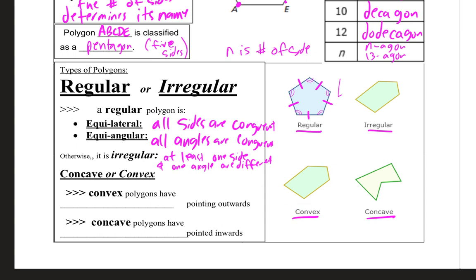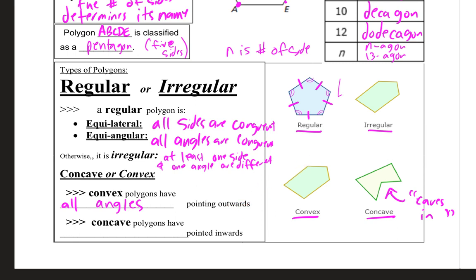Okay, the difference between convex and concave is this: concave caves in. Convex polygons have all angles pointing outward.